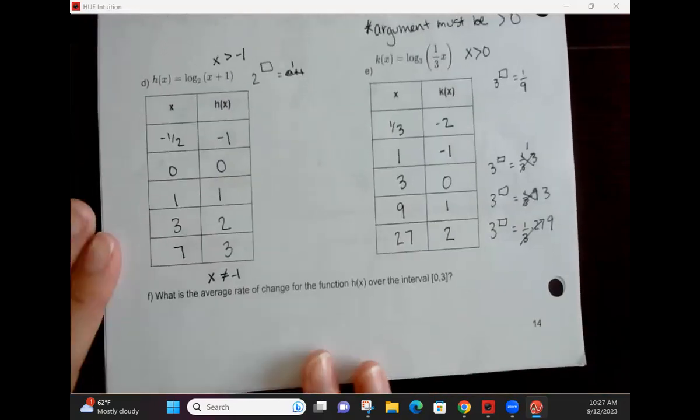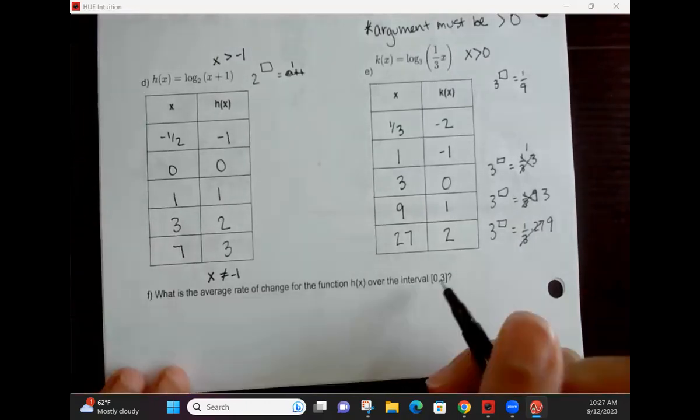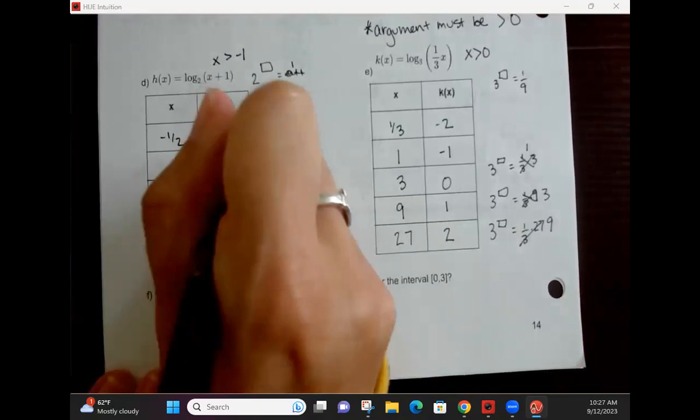Okay. And then last thing, a little throwback, average rate of change. Find the average rate of change for h of x, that's this guy, over the interval from 0 to 3.